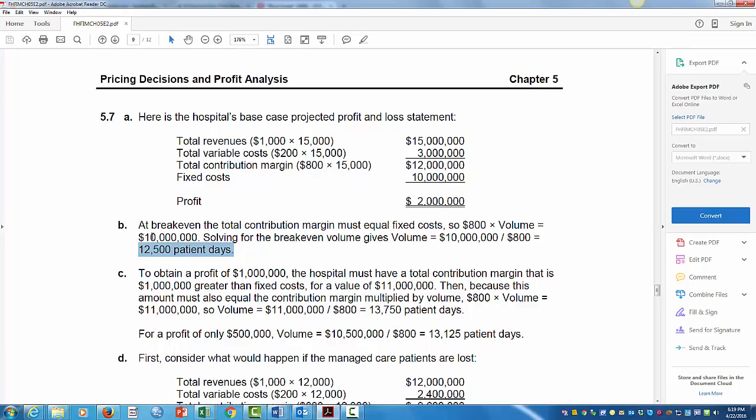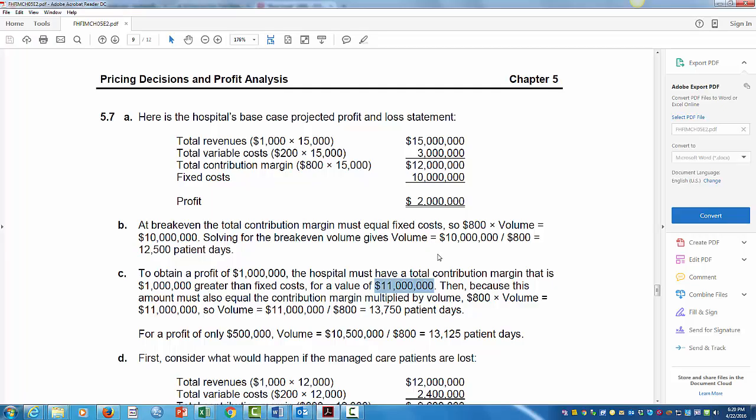In C, what volume is required to provide a profit of $1 million and a profit of $500,000? What we call that is the target profit analysis. So if we do the 1 million, that will give us a total value in the numerator of $11 million, which I've highlighted here.